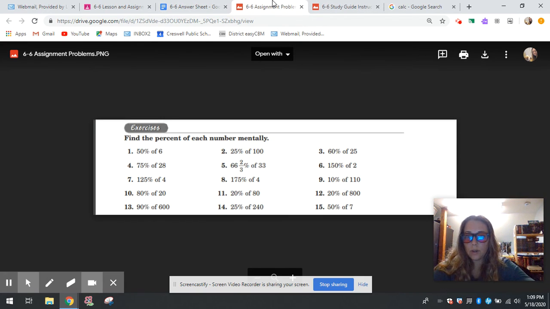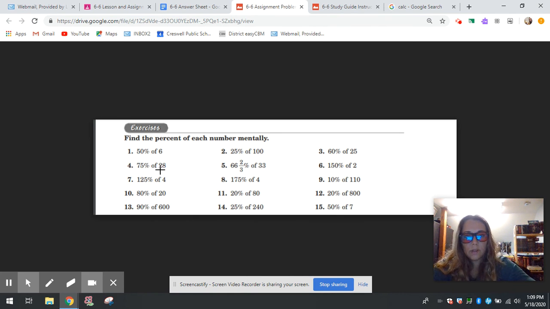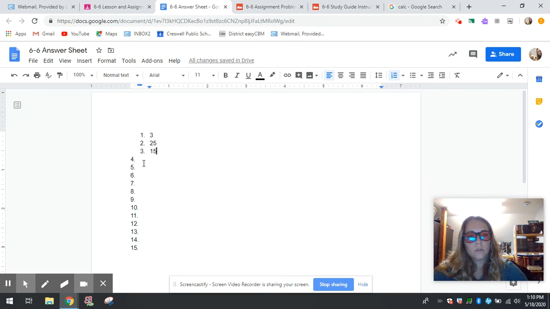So that's the cheater way to do it. This will take you no time at all if you do it that way. Or you could actually use your brain and think 75% is 3/4 of 28. If I divided 28 by 4, I'd get 7. 3 sevens is 21. So number 4 would be 21. Good luck.